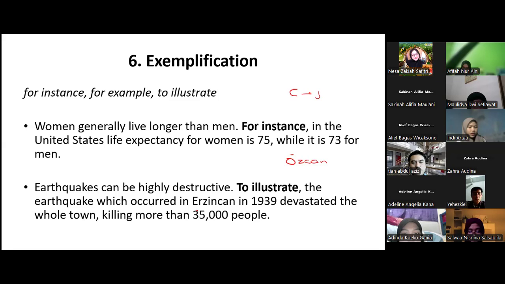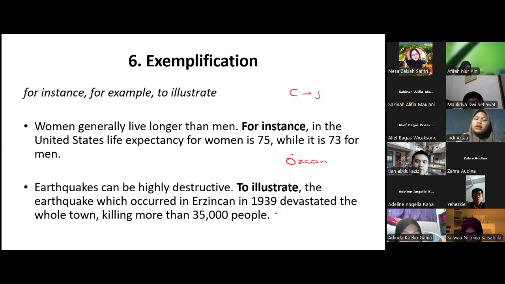To illustrate, the earthquake which occurred in Erzincan in 1939, you may say it like this, nineteen thirty-nine, or 1939. It is more common to say nineteen and thirty-nine.